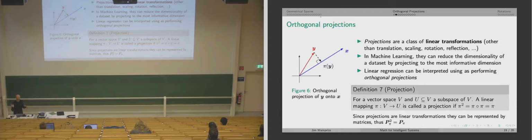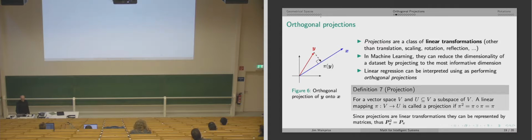Of course, and we talked about this in the linear algebra lecture, since projections in this context are linear operators, they can be represented by matrices, and this is what we're going to see in the next slides.